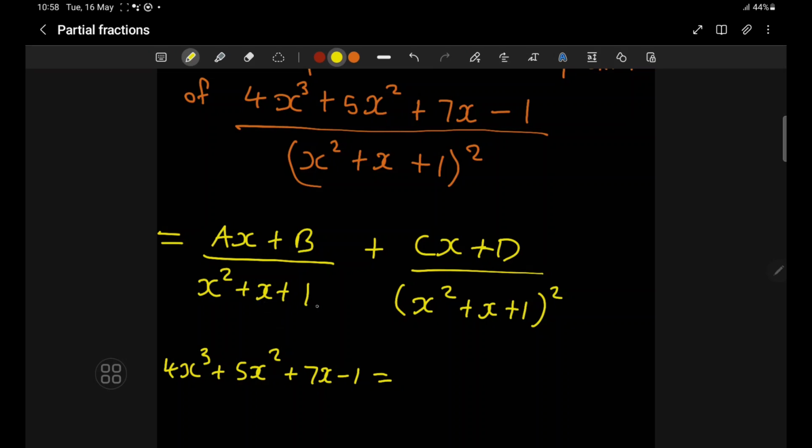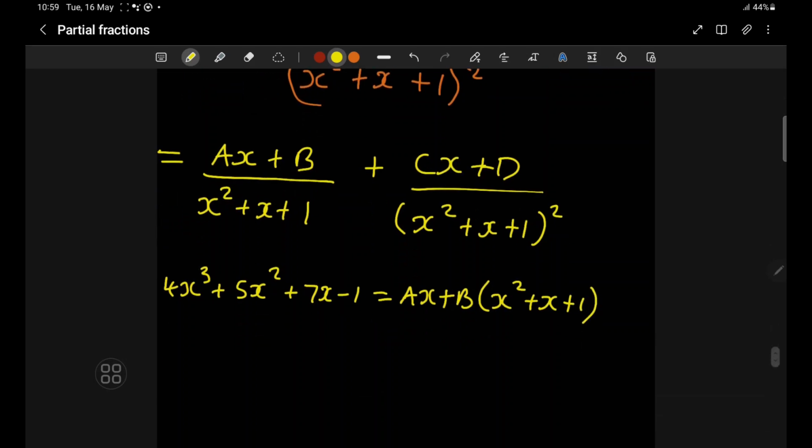So if we've multiplied throughout the expression with this denominator, we're going to have the first part ax plus b multiplying x squared plus x plus 1, which is this part. Then for this one, it will just be the way it is, which is cx plus d, because this part and that part would divide.